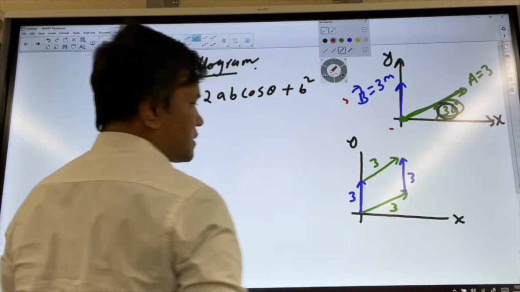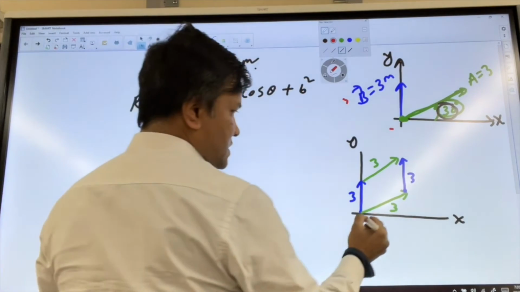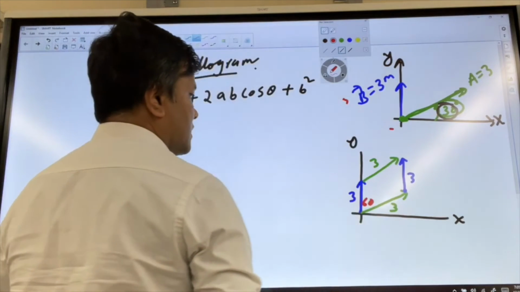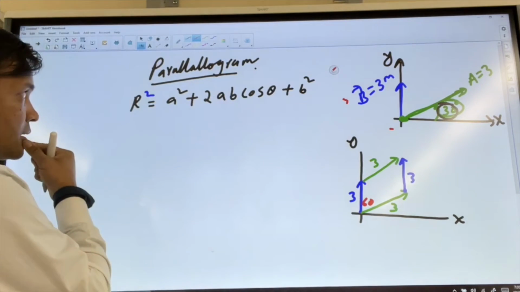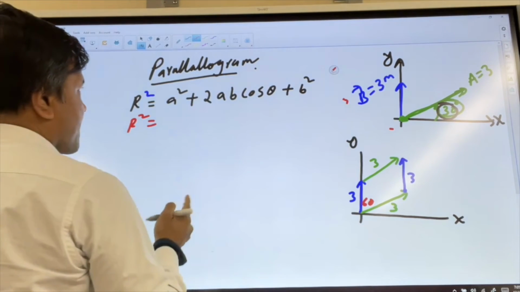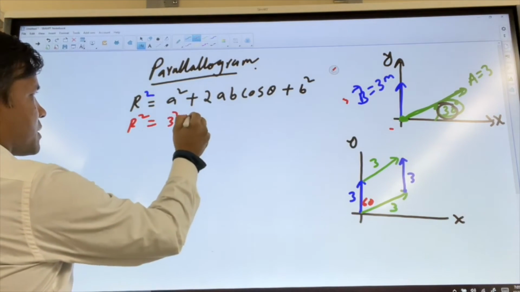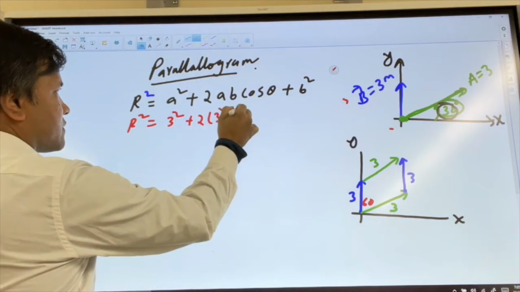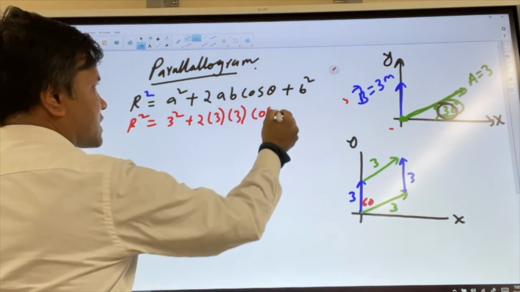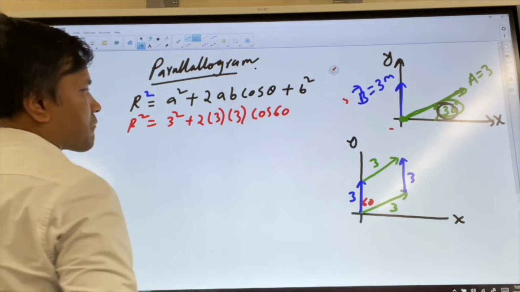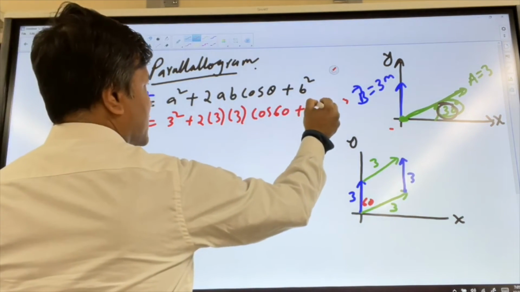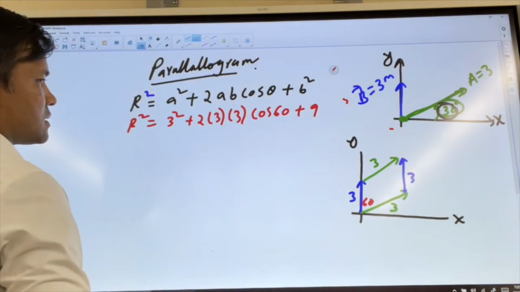All right, so if this is 30 degrees, this one should be 60 degrees, is that right? Okay. So r square is equal to a square, which is 3 square, plus 2 times 3 times 3 cosine 60, plus b squared, which is 9. Good.